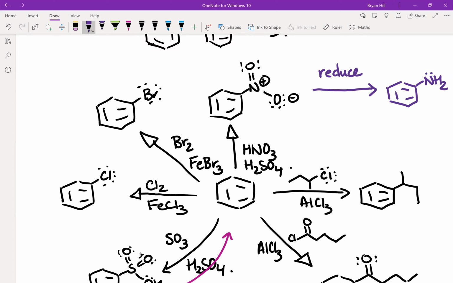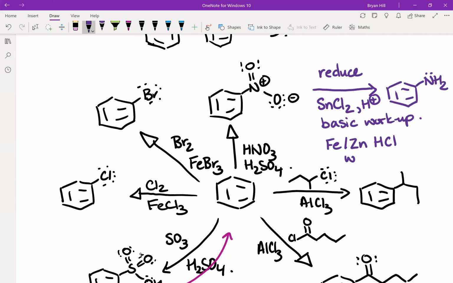Also, other things like we've seen this one before, tin dichloride under acidic conditions, and then you need a basic workup. Then iron and zinc, they both will reduce this with HCl, and this needs a basic workup as well. So what do I mean by basic workup?